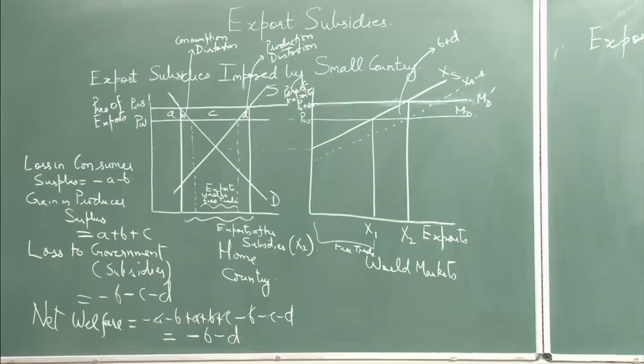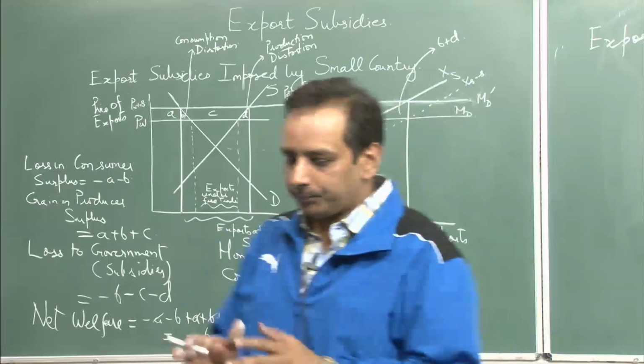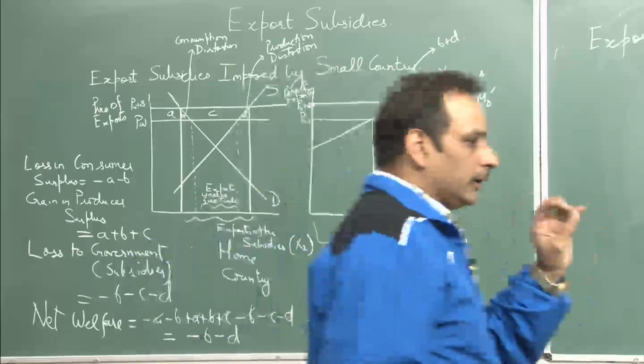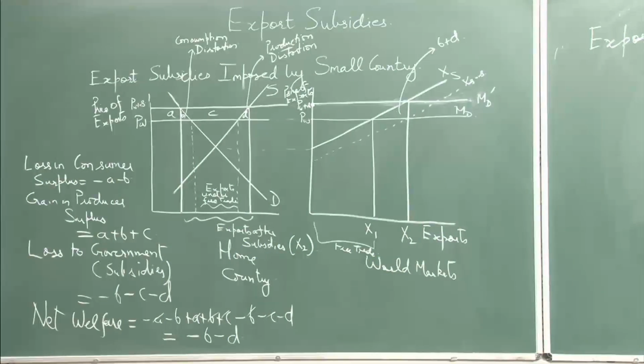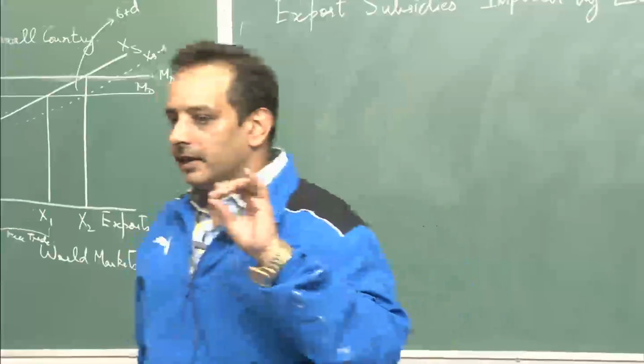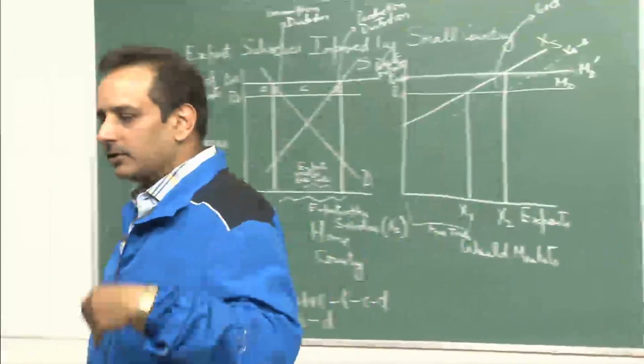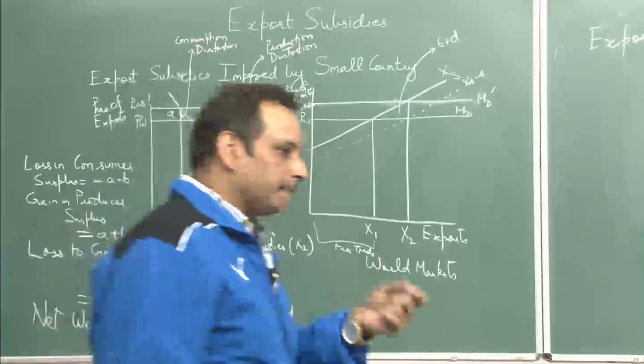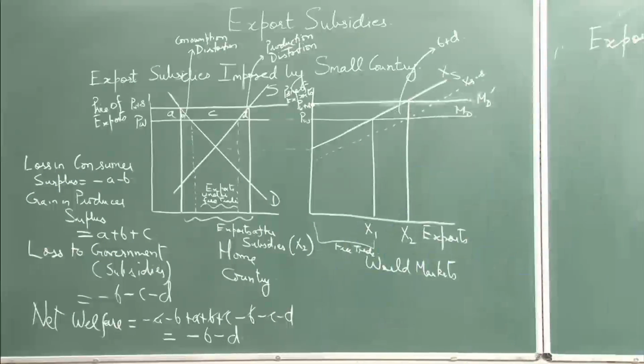In WTO's parlance, there are some economists who distinguish these subsidies in the form of red subsidies, blue subsidies, yellow subsidies. Red subsidies are those which are not allowed at all. Yellow subsidies are where you can impose tariffs because the countries have given subsidies.